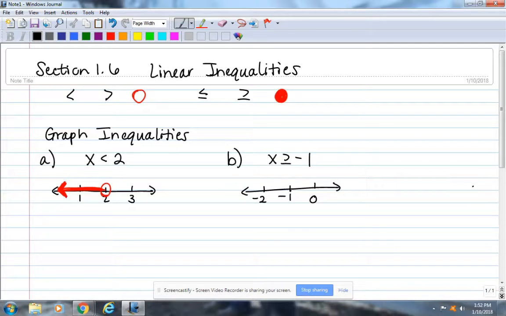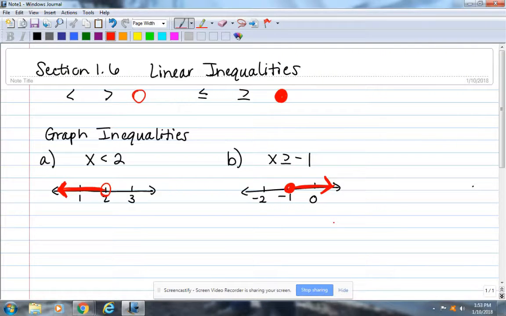If it says x is greater than or equal to negative 1, do we include negative 1? Yes. So do we use an open circle or a closed circle? Closed. And which way do we shade, to the left or to the right? To the right. Very good. So any questions about that?